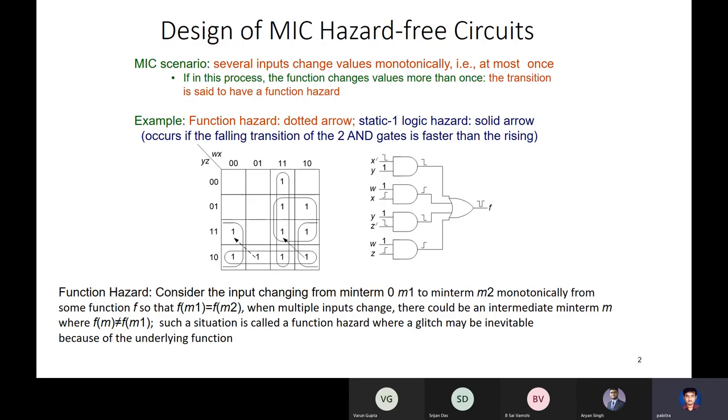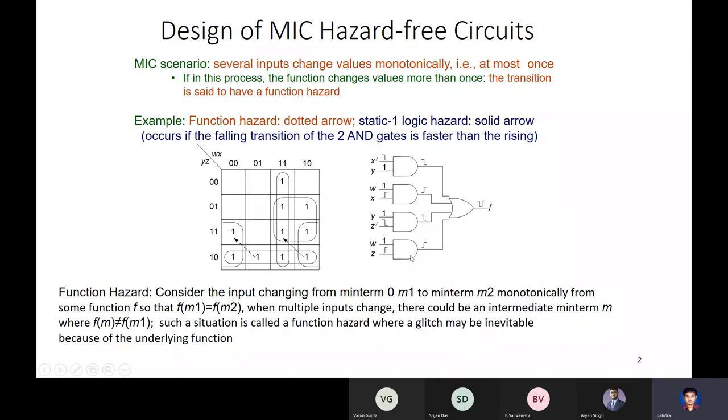So you know that every covering cube that we have in a Karnaugh map corresponds, in a two-level circuit, to the AND level in the first gate, and combinations of them are fed to the second level OR gate. So every cube here is an AND gate.